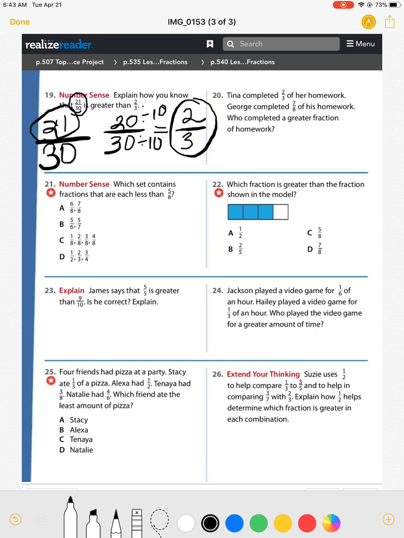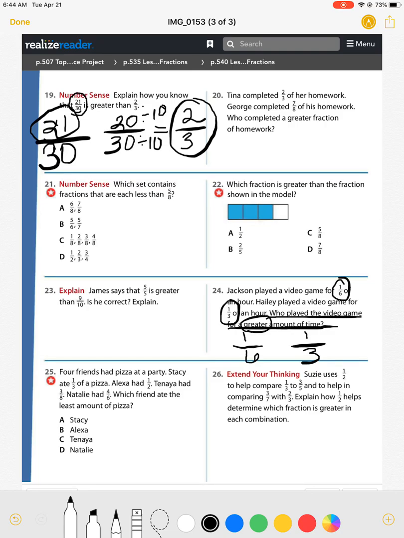Jackson played a video game for 1/6 of an hour. Haley played a video game for 1/3 of an hour. Who played the video game for a greater amount of time? So let's look at our fractions, 1/6 and 1/3. What do you notice about these fractions?